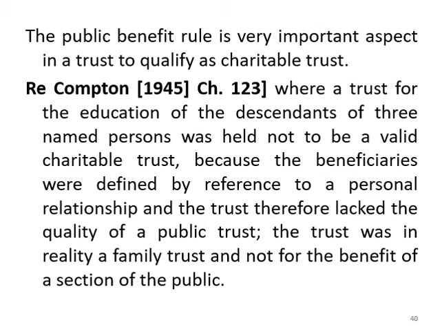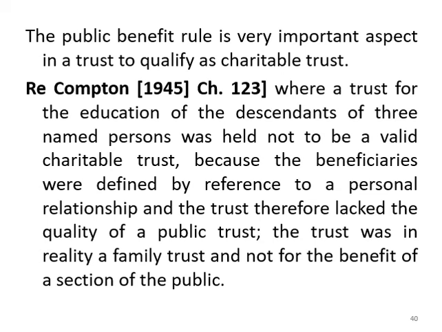This group of people are individuals or relatives of the author of the trust. That's why the trust for descendants of 3 named persons was held not to be a valid charitable trust, but it may be a private trust, because beneficiaries are defined by reference to the personal relationship, and the trust therefore lacked the quality of a public trust.